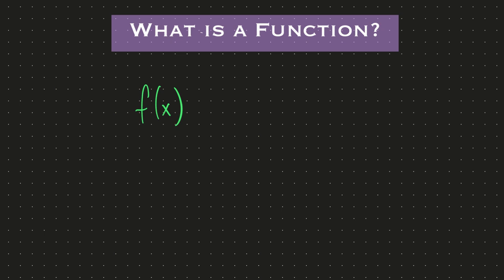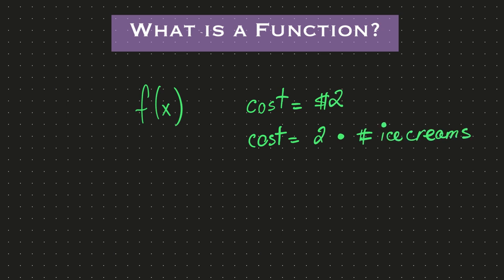Let's go back to our ice cream example to understand this. So the ice cream rule was each ice cream costs $2. Well, naturally, the rule will be cost equals 2 times the number of ice creams. We write this in function language, right? That's the most important part in here.